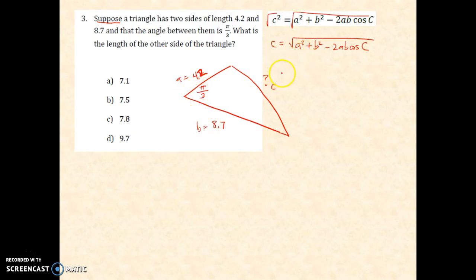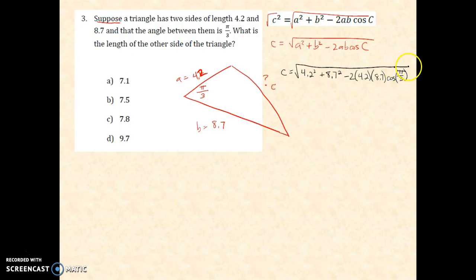I just need to punch this in my calculator. Well, let me write out ever so quickly what I'm going to punch into my calculator. C equals the square root of A squared, so 4.2 squared, plus B squared, 8.7 squared, minus 2AB cosine angle C. So minus 2 times 4.2 times 8.7 times cosine of pi over 3.